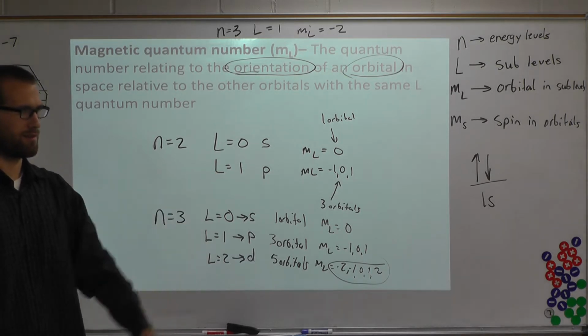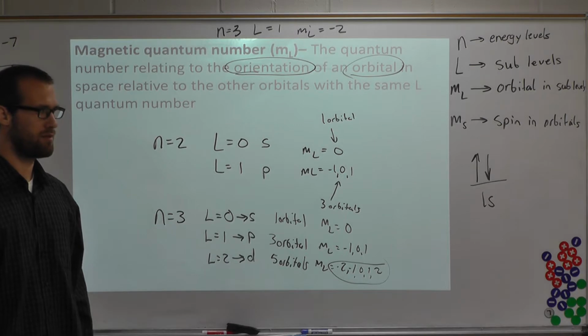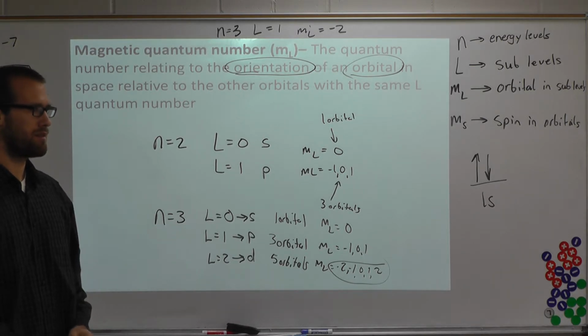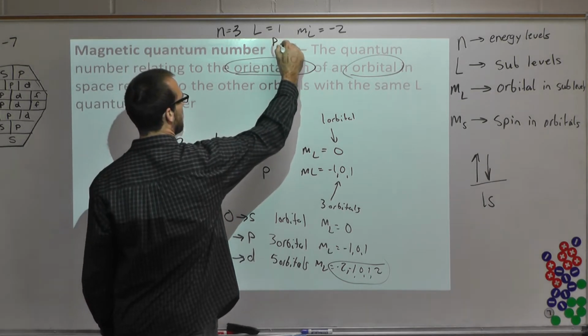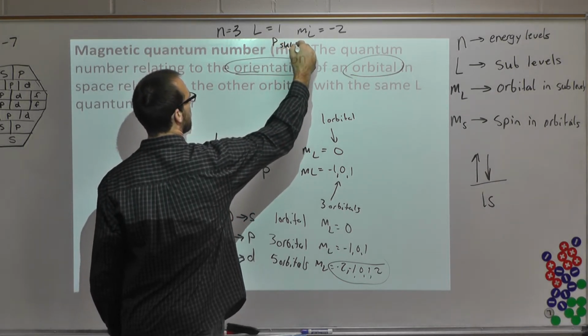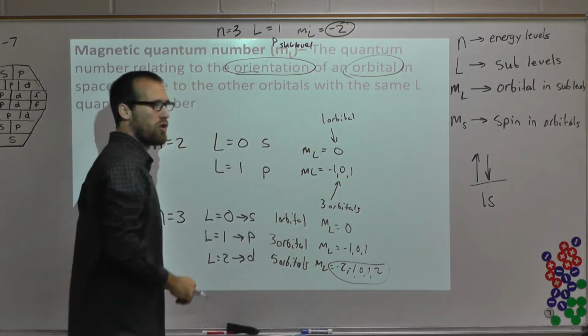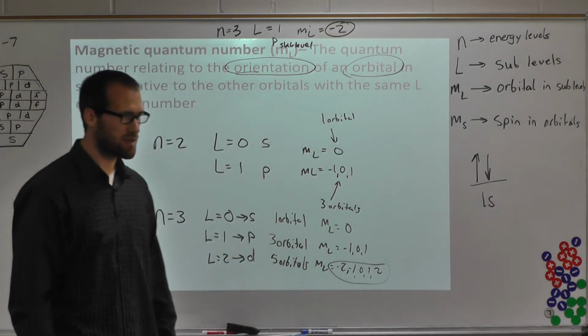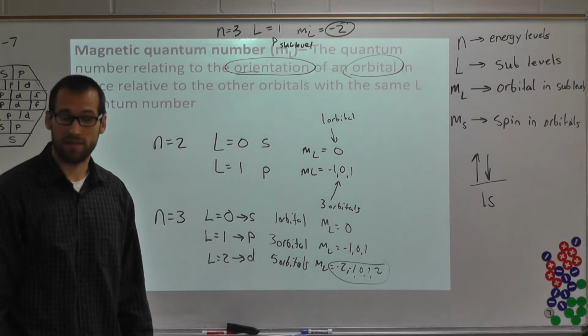You were right. Why is it not possible? There's only 3 orbitals in P. Yeah, this is representing the P sublevel. And this would be assuming you would have the 4th and the 5th orientations. But there's only 3 orientations within the P sublevel.